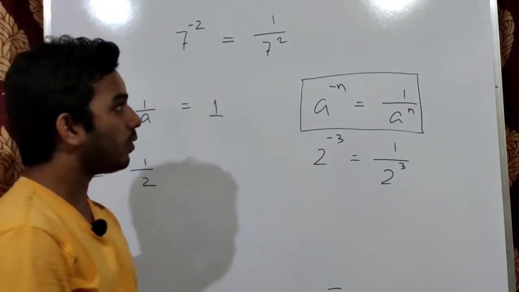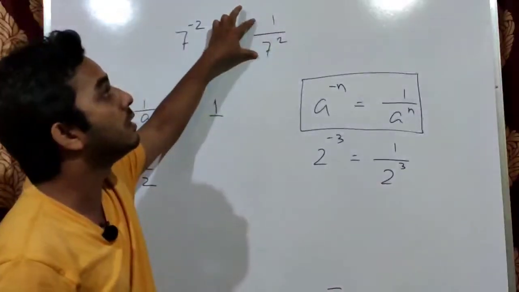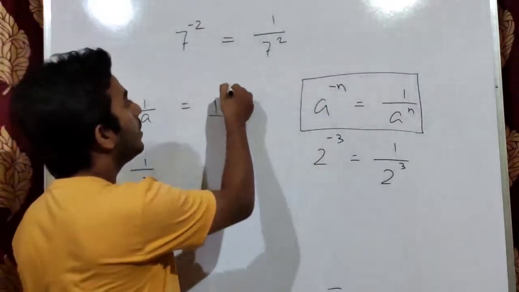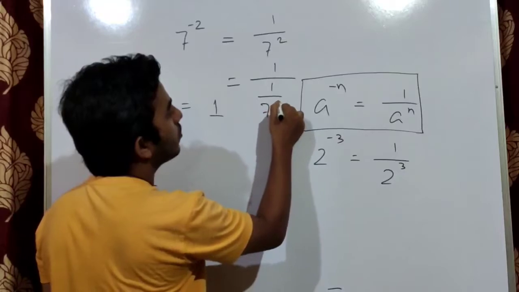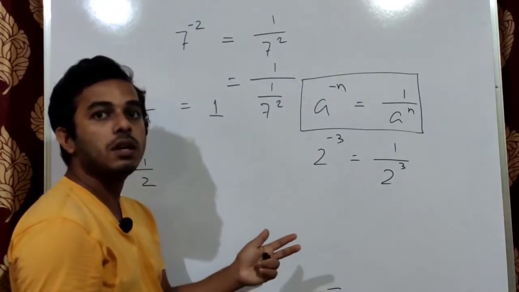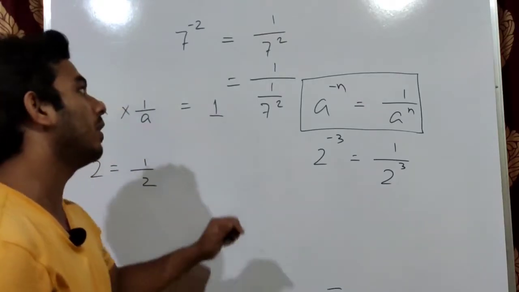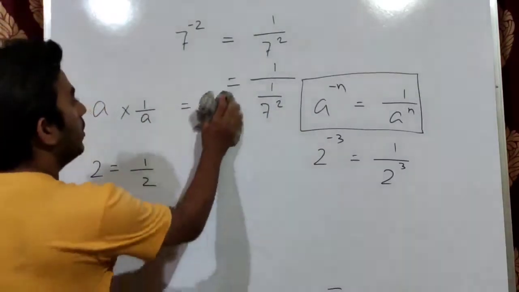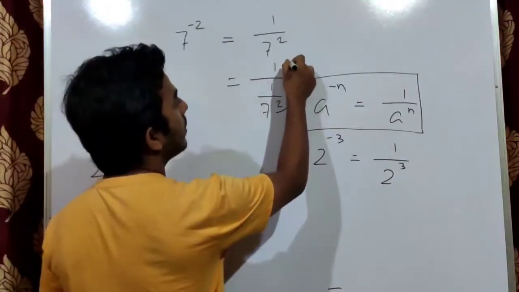Okay. Now we have to find the multiplicative inverse of this. So if we find its reciprocal, it will be 1 by 7 square. Clear? Reciprocal of a number means it gets divided into 1. Okay. So now this 7 square will go here, right?